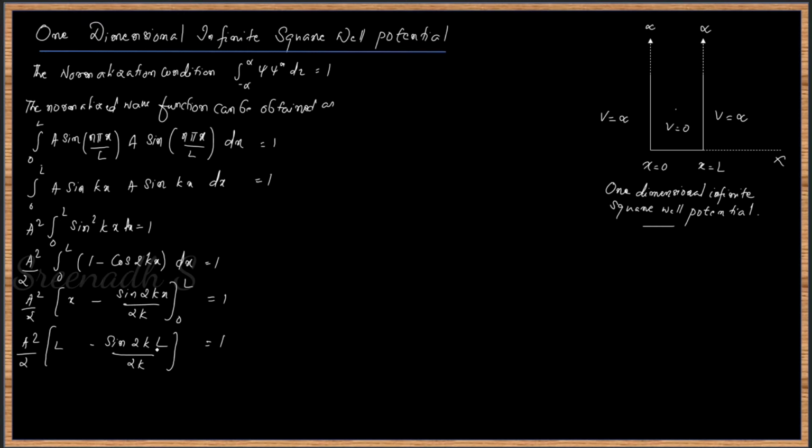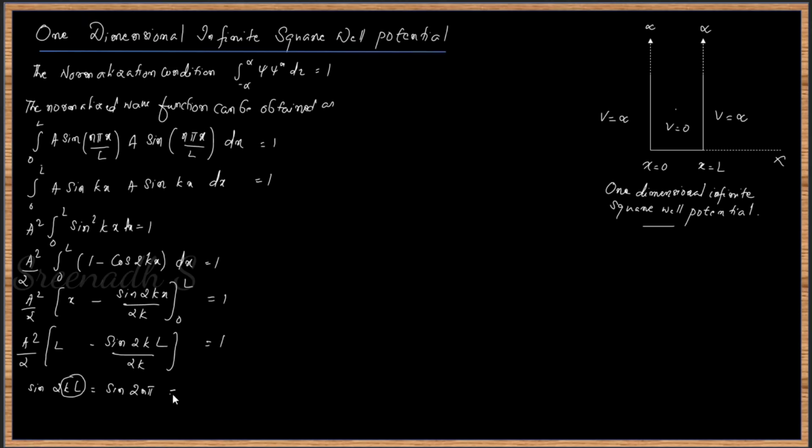What is the value of sin 2kL? If we substitute the value for kL, we can write n pi, so sin 2n pi.